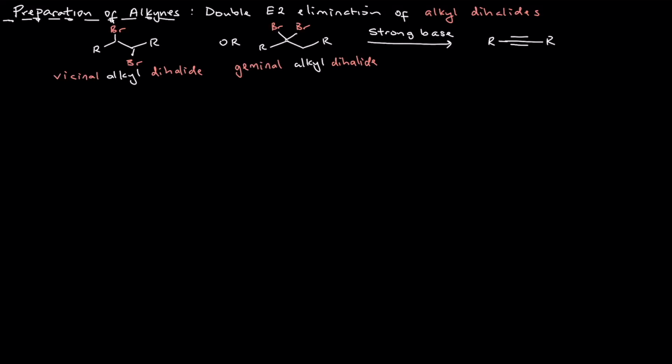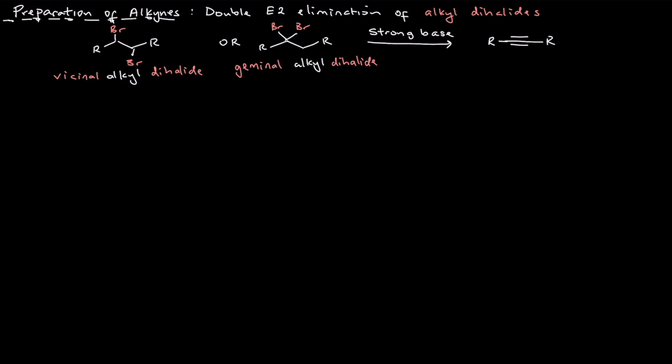Okay, so now let's consider how to prepare an alkyne in the lab. And the way we do this is through what we call a double E2 elimination of alkyl dihalides.